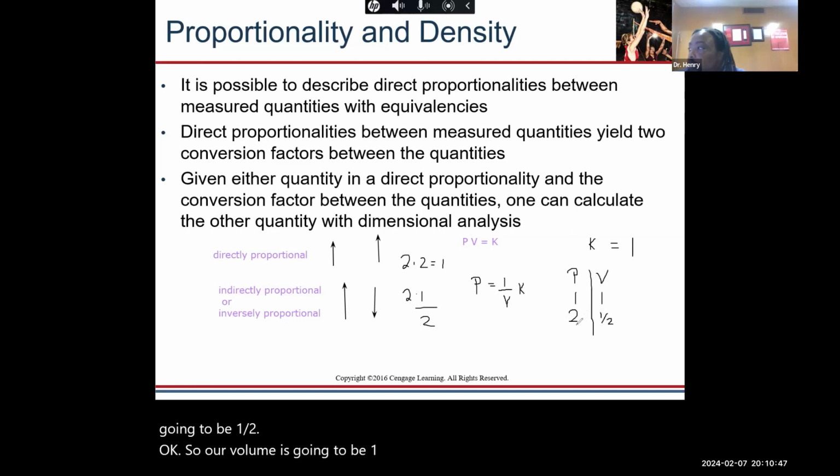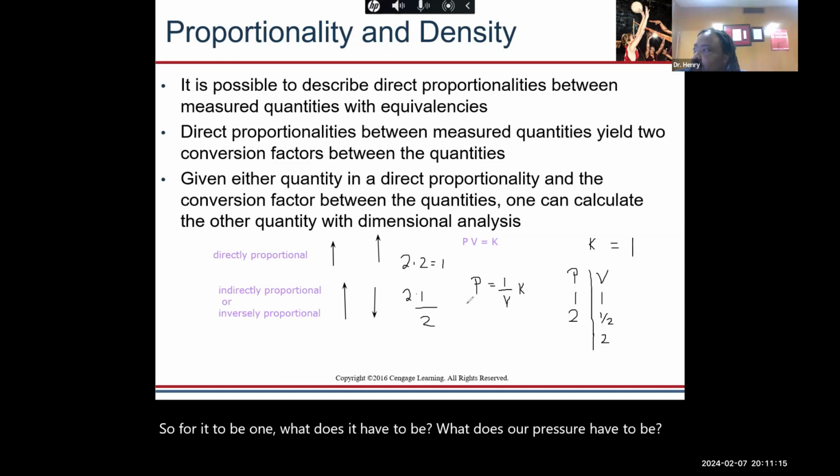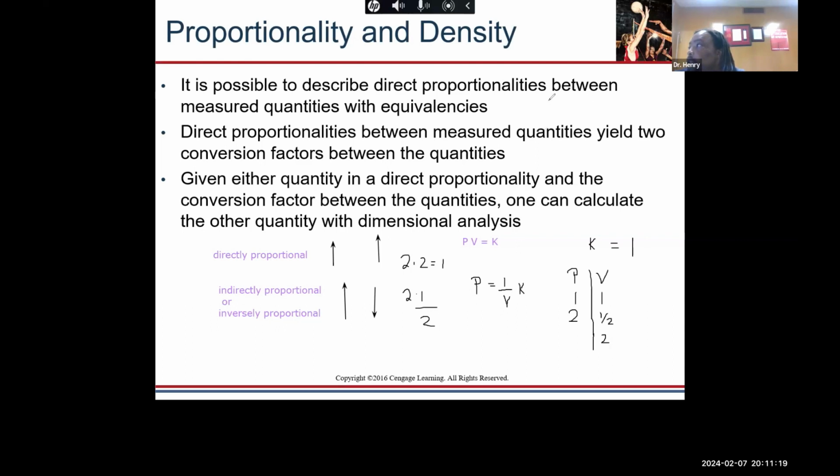If volume is 2, then what does our pressure have to be for it to be 1? Let's do it like this.